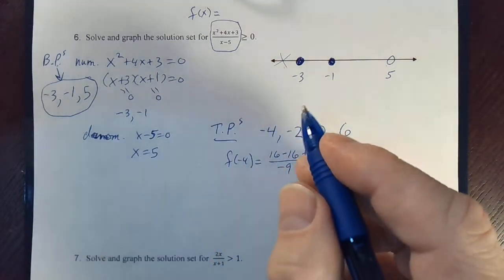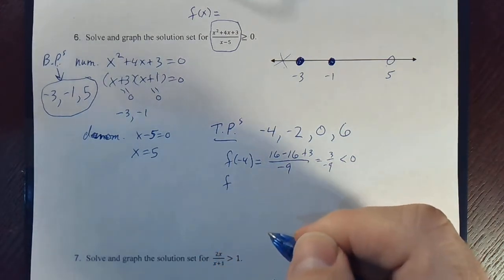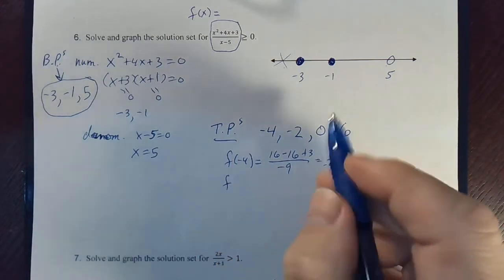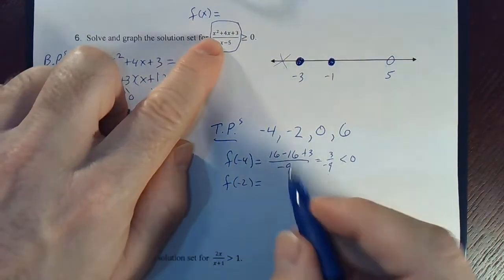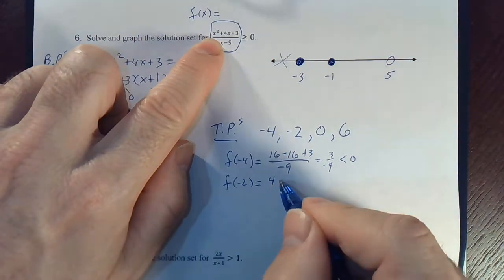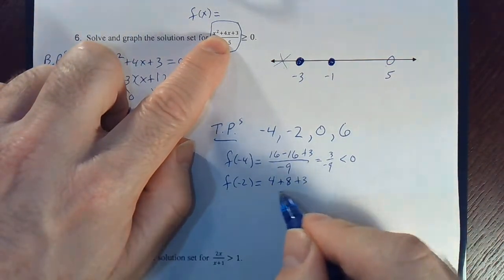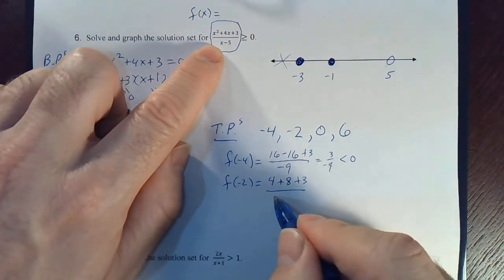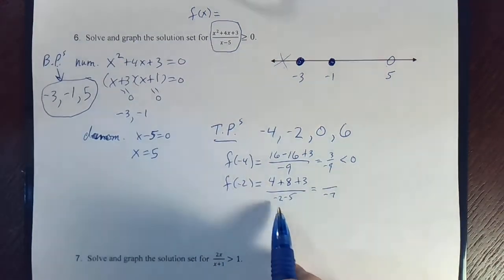Now let's look at f of -2. That's our test point. So we'll get 2 squared, which is 4, plus 4 times 2 is 8, plus 3, all over -2 minus 5, which is -7 in the denominator.